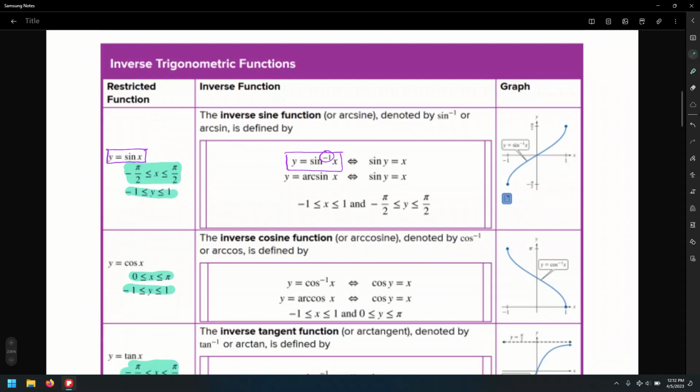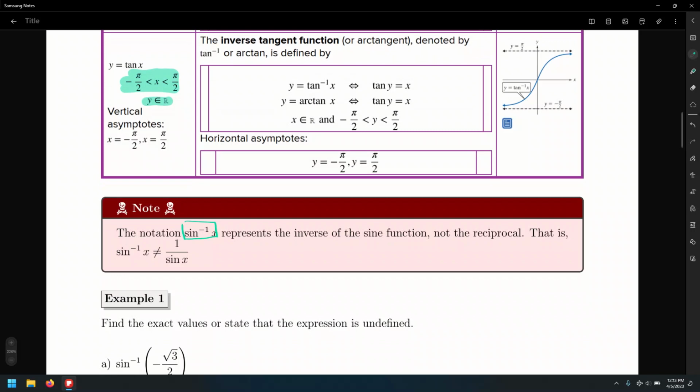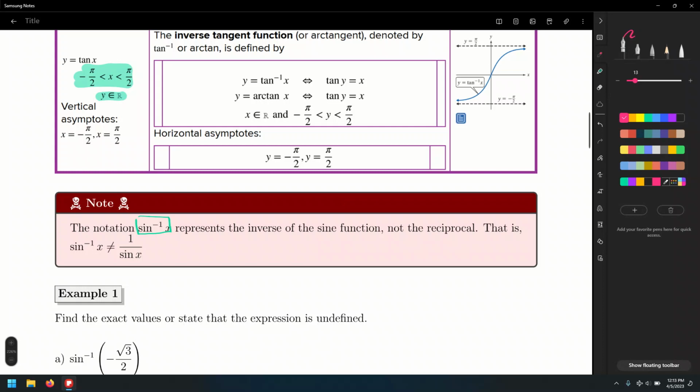So in the case, and it's listed below here, when we're dealing with inverse trigonometric functions, this -1 symbol doesn't represent a reciprocal. It actually represents inverse, so it would be incorrect to say this. This is not correct. All right.